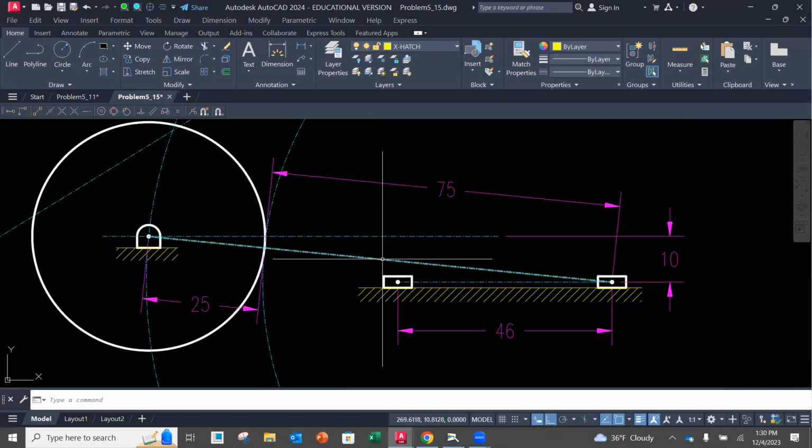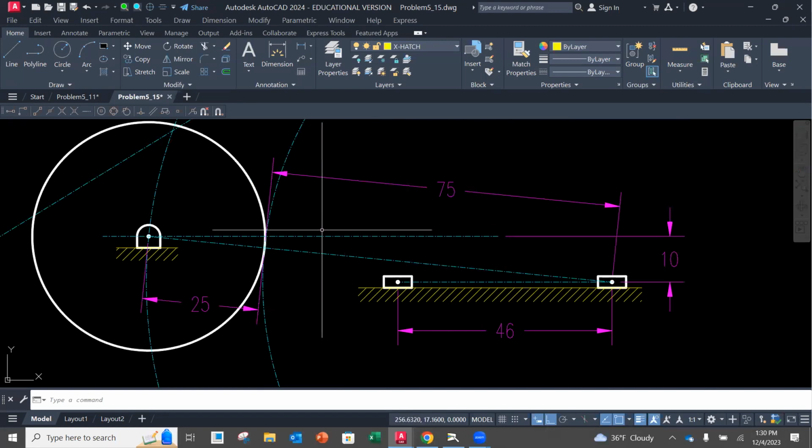So then I constructed along my 10 millimeter line a radius of 75, and then a radius of 25 here, so that I could see exactly where my furthest out position would be. Then I erased it because it got to be too many lines.